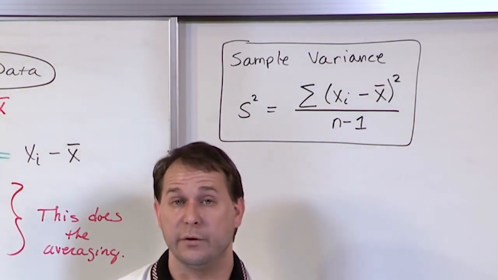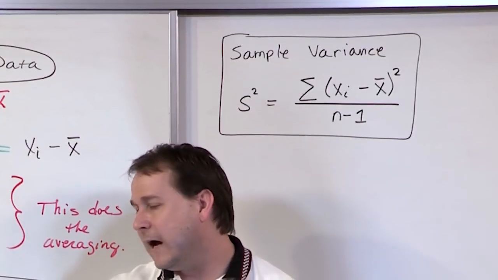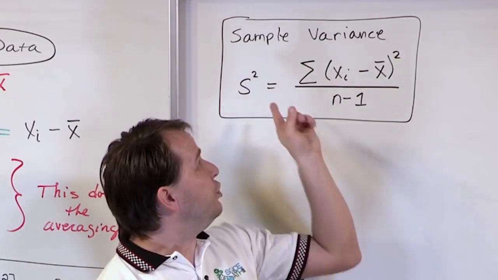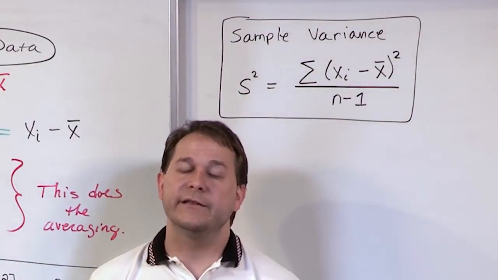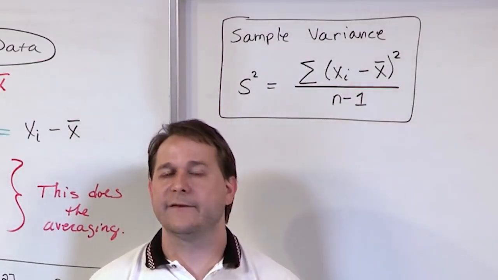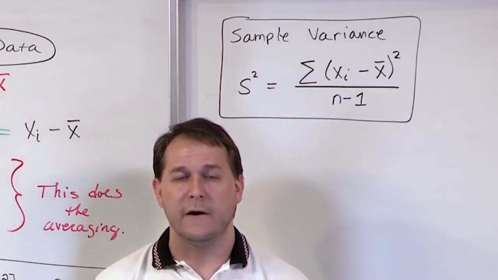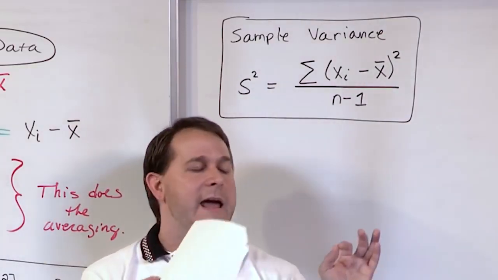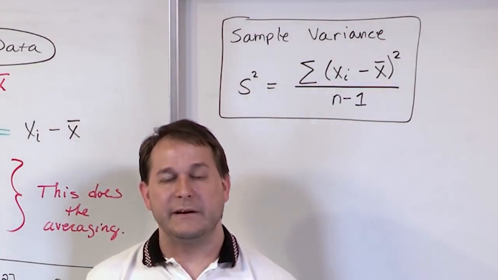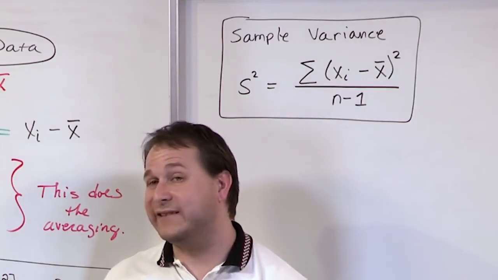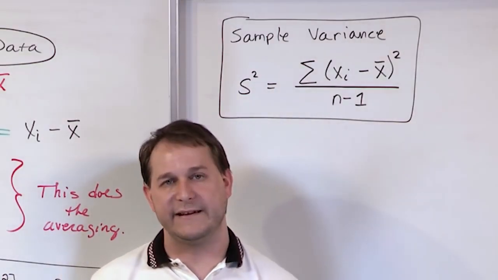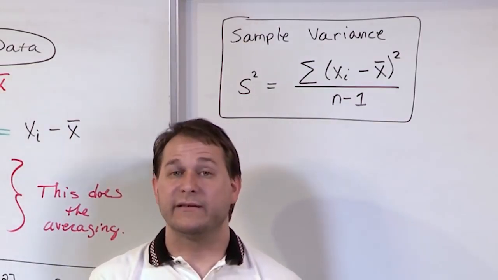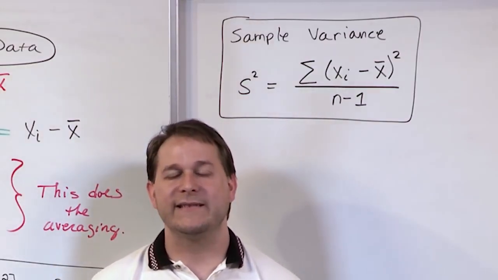The most important thing you need to know is when you see a sigma squared like this, you need to think population variance, they're talking about our population. When you see an s squared like that, you need to think they're talking about our sample that we've taken. And that's why I took so much time earlier to make sure you understand the difference between a sample and a population, and a sample mean and a population mean, because in this case, the calculation is actually different from the population to the sample. So make sure you understand this. Follow me on to the next section where we will get some practice calculating these things, and you'll find that it's not very hard.